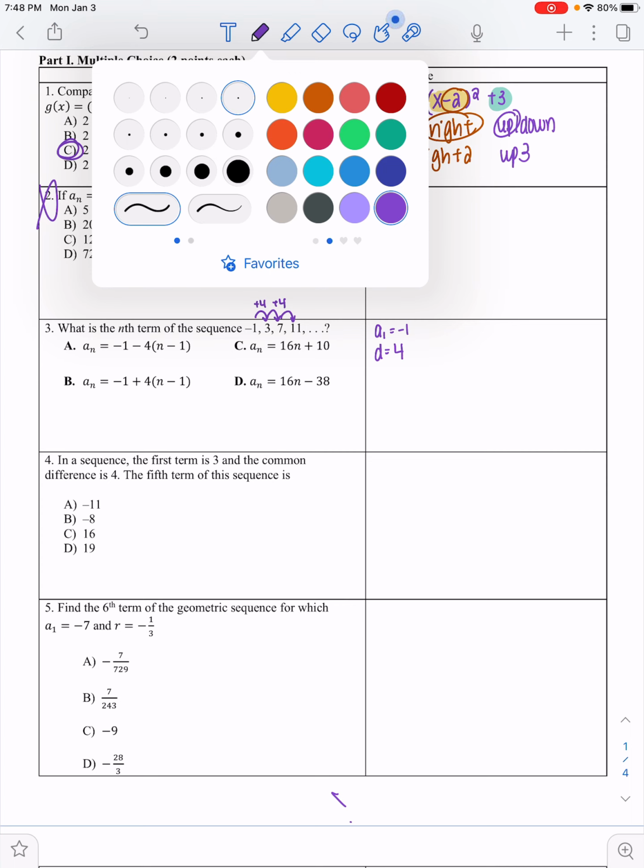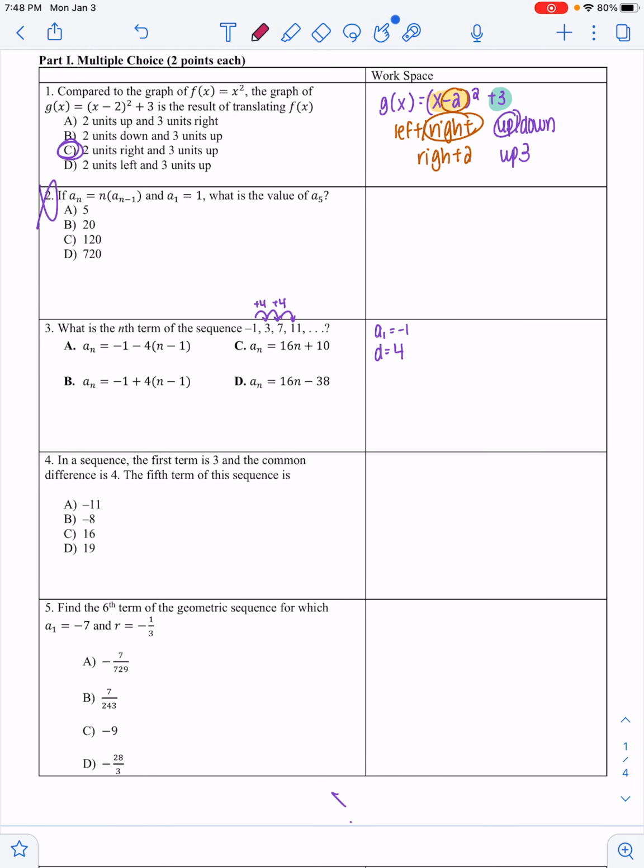Now we're going to use the arithmetic sequence formula that's given to us, which is a_n equals a_1 plus (n minus 1) times our common difference, and let's just plug in. a_n equals -1 plus (n minus 1) times positive 4. Multiplication is commutative, so this is the same as 4 times (n minus 1). All I did was switch the places of these two. And that gives us answer choice B.